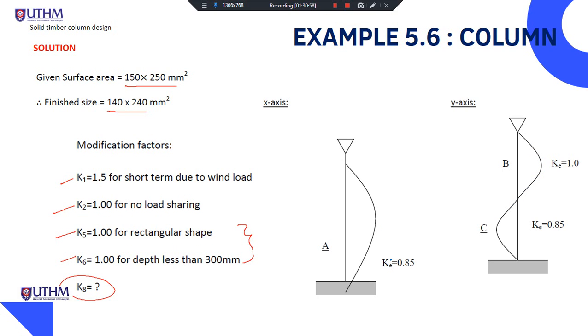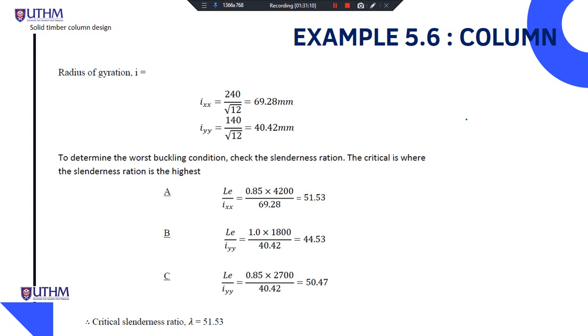So this is our bending at x-axis, and this is bending at y-axis. The radius of gyration for both axes, rxx is 69.28 and ryy is 40.42.